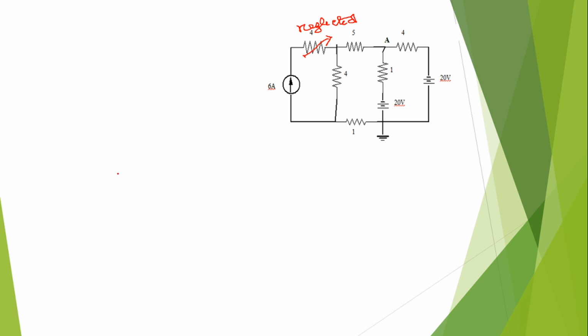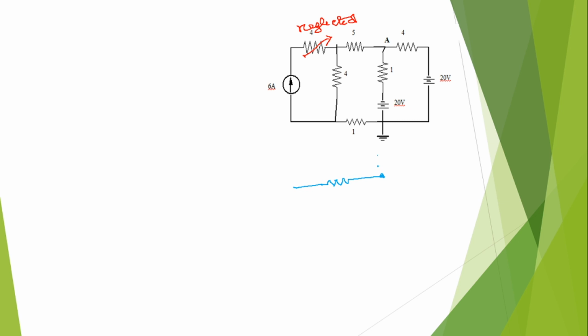So while converting this into practical current sources, what will happen? There will be a current source connected between A and G. What happens is this element, 5 ohm resistor.